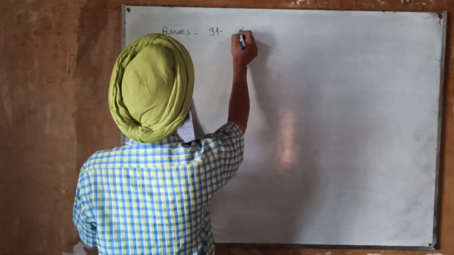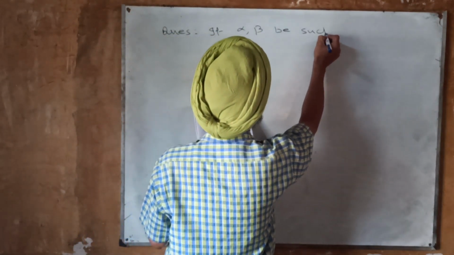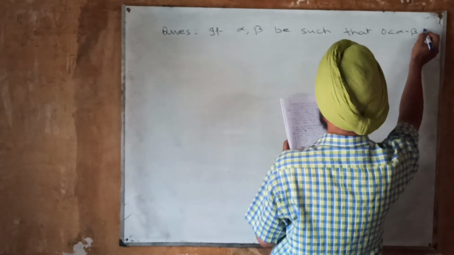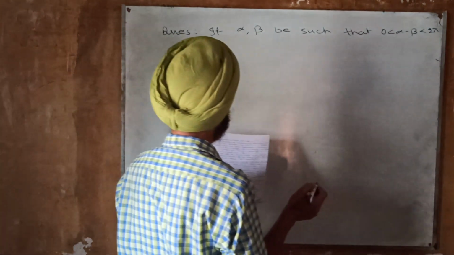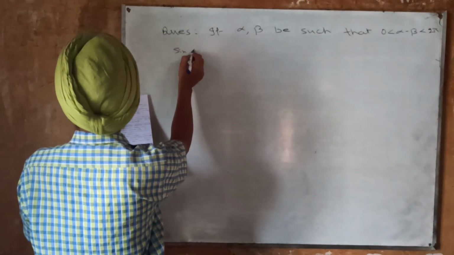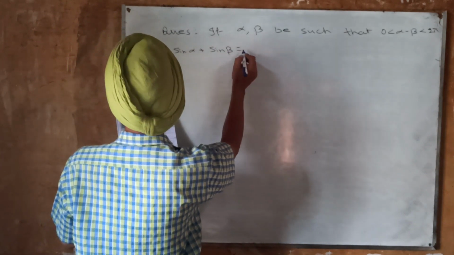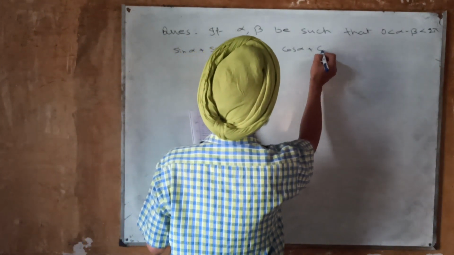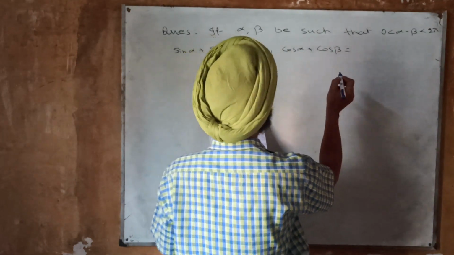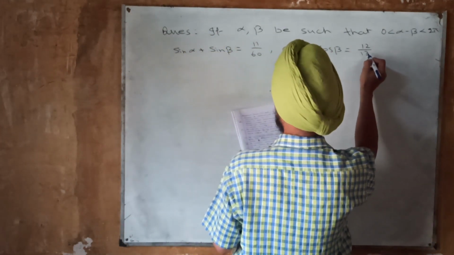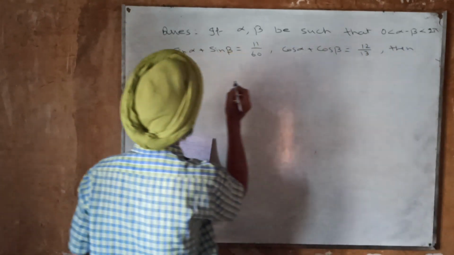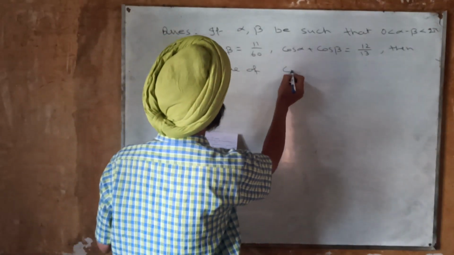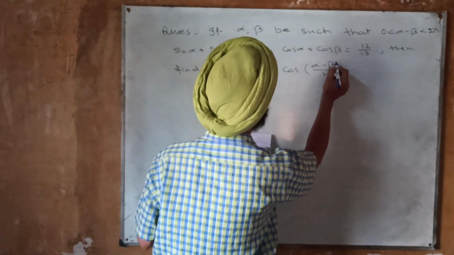if alpha, beta be such that 0 less than alpha minus beta less than 2 pi, sine alpha plus sine beta is equal to 11 upon 60, cos alpha plus cos beta is equal to 12 upon 13, then find the value of cos of (alpha minus beta) by 2.